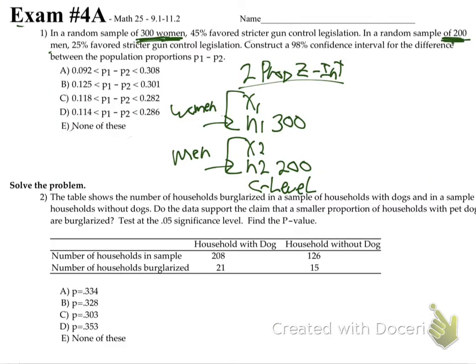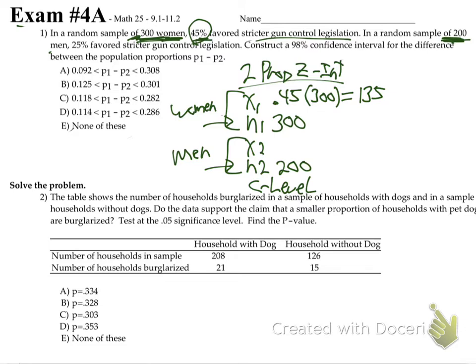We have percentages. 45% of the 300 women favored stricter gun control legislation. So 0.45 times 300. If you multiply that, you get 135.